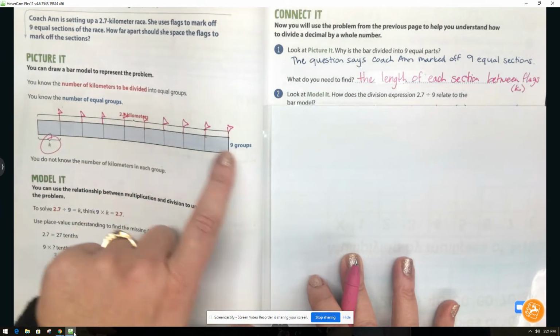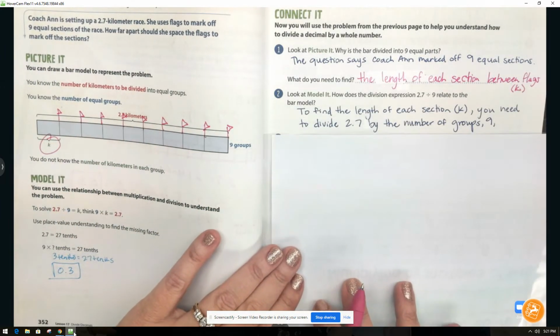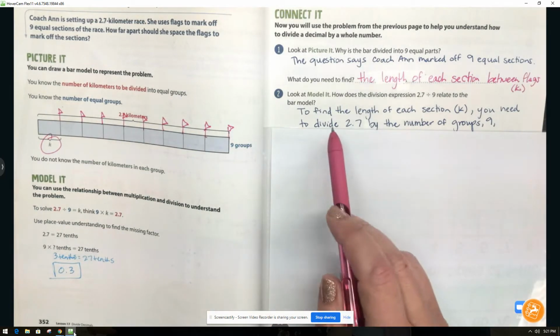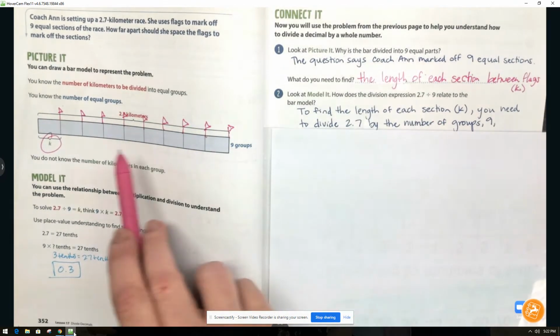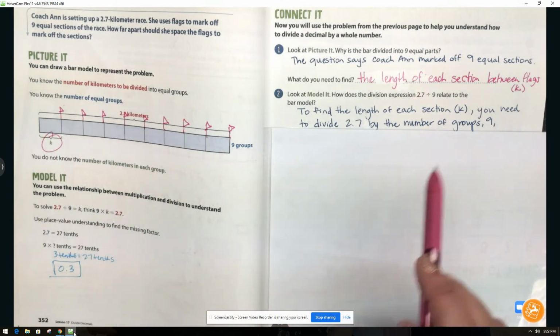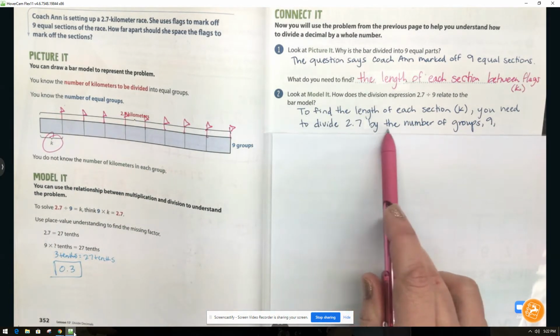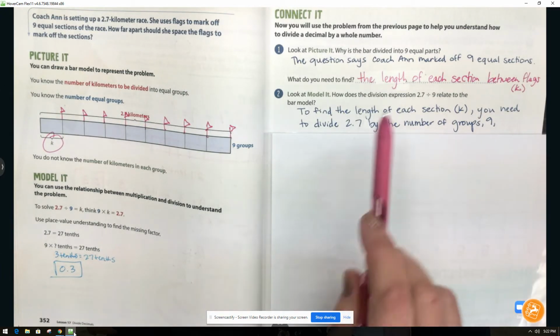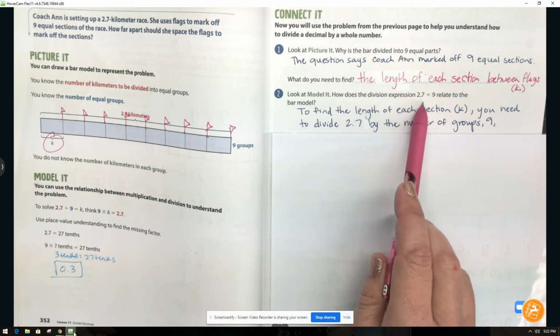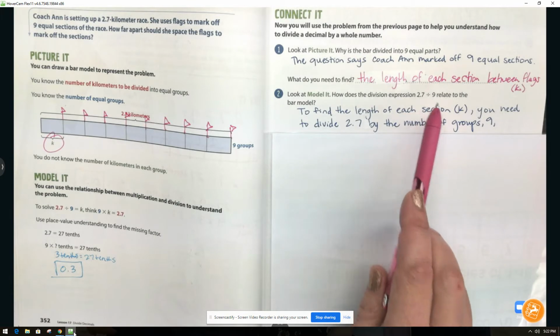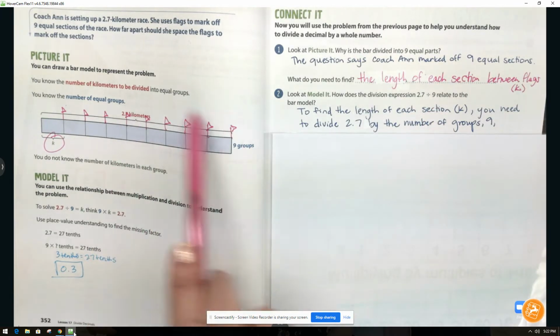So for us to find the length of each section, remember that's K, you need to divide 2 7/10 by the number of groups. So that's what this 2 7/10 divided by 9 is shown on the bar graph.